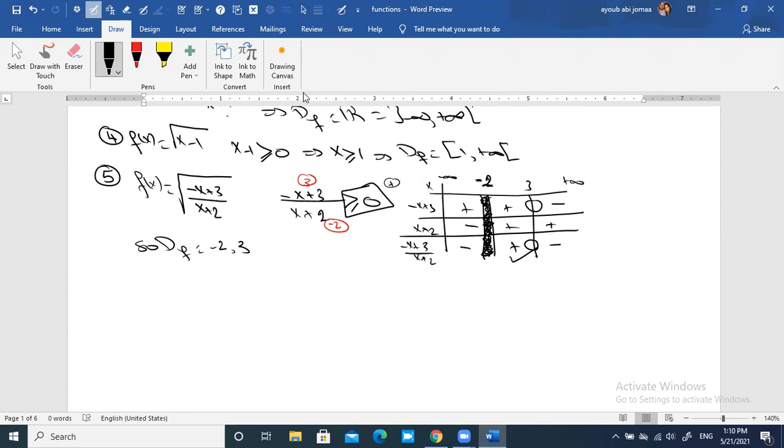Negative 2 is open, plus shading. 3 is equal to 0, so I have to include the roots. So including 3, closed interval at 3. So this is the domain: open interval negative 2, closed interval 3, or negative 2, 3, open at negative 2 and closed at 3.